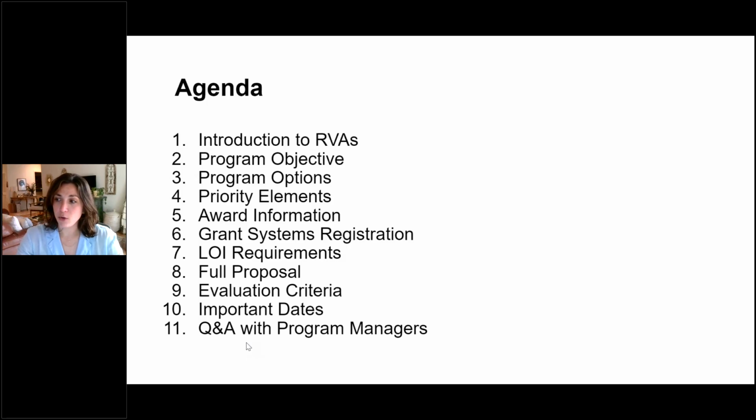We'll do a quick review of some of the grant systems that you have to register for to apply for this funding opportunity. There is a required letter of interest that will be due, and so we'll go over the requirements for that as well as of the full proposal itself. How proposals will be scored, so the evaluation criteria, and then some key dates for this proposal process, as well as some time for Q&A, like I said, at the end.